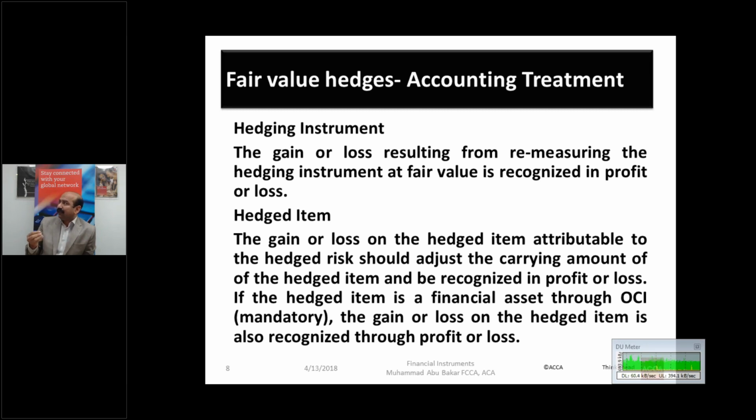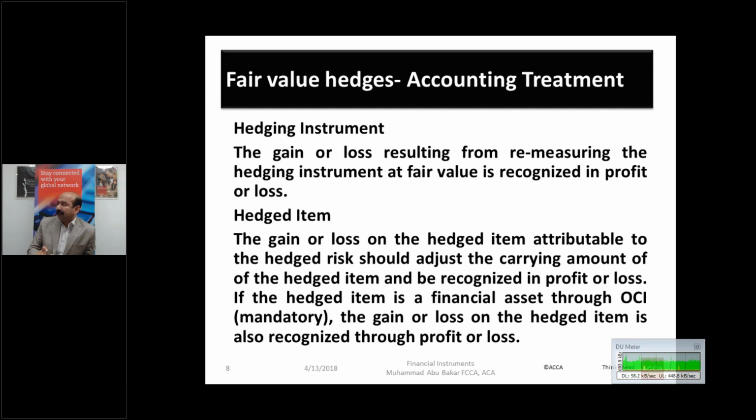So what you will do, very simple treatment, gain or loss on both hedging instrument as well as hedged item will be transferred to the profit and loss account. If it is loss, of course, profit and loss account will be debited. If it is gain, profit and loss account will be credited. So the treatment is very simple.